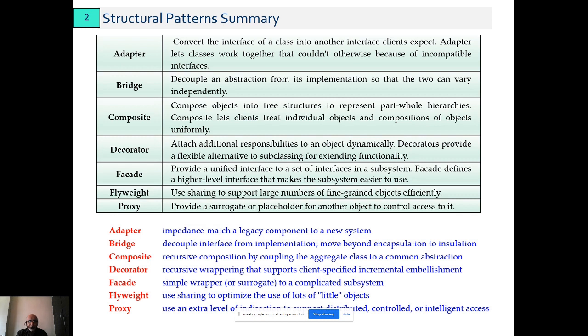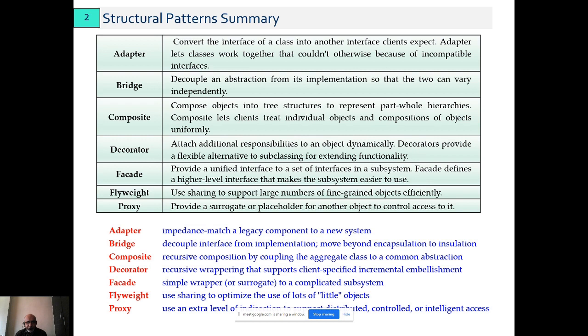So the focus of adapters is to have compatibility set for the interfaces so that two classes can communicate as the client expects. Bridge is an indicator of decoupling an abstraction from its implementation. Usually it has a source and a destination, so the same kind of principle is retained.